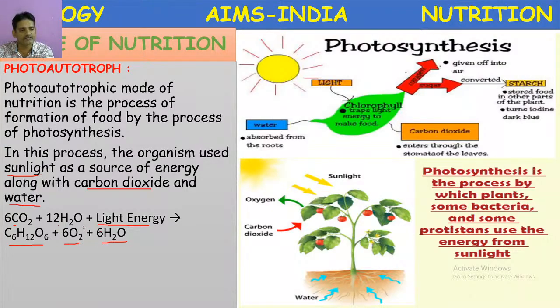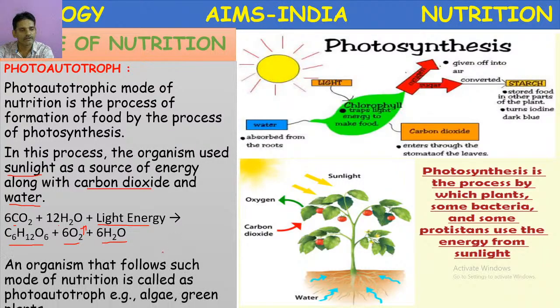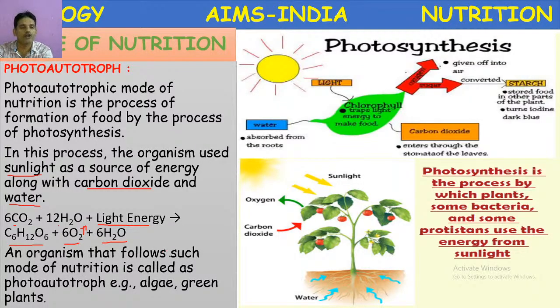During this process, oxygen is released. An organism that follows such a mode of nutrition is called a photoautotroph, such as algae and green plants.